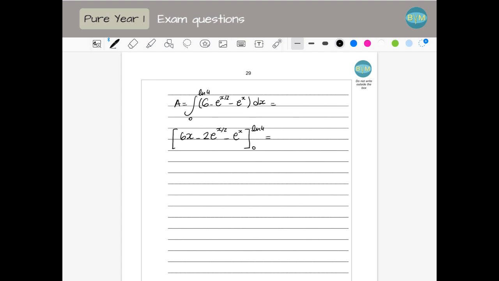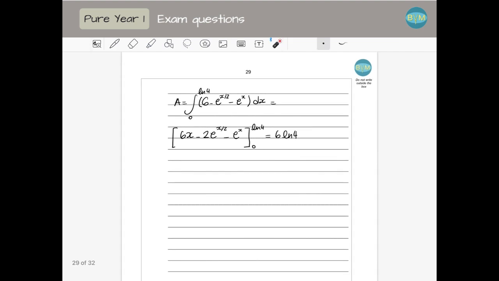If I substitute ln 4 here, I have 6 ln 4, then e to the power of ln 4 divided by 2 is 2. You can do it with a calculator, or you can think briefly that it is e to the power of ln 4 divided by 2.